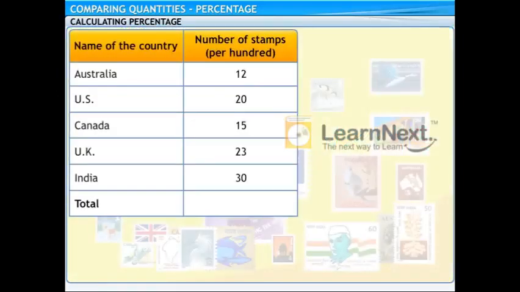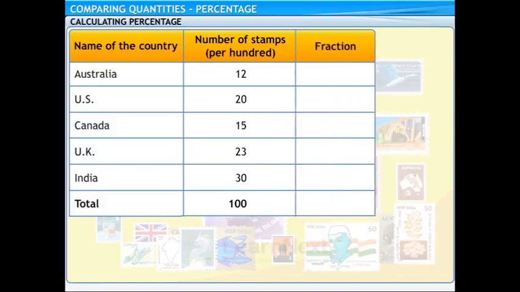Here's a table created by Rima, which helps her keep a track of her various stamps. There are 100 stamps in all, so the number of stamps from each country can be written as fractions, with 100 as the denominator.